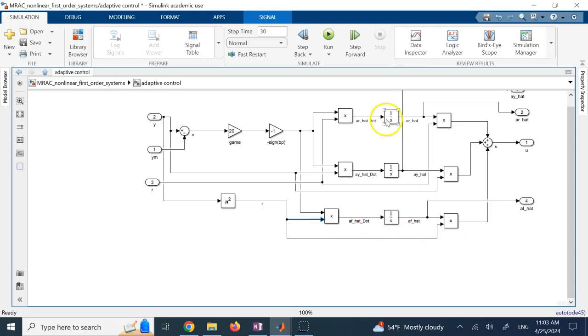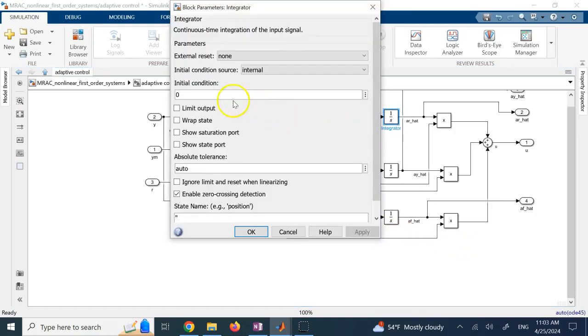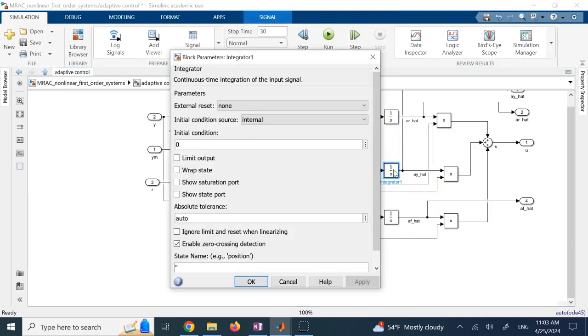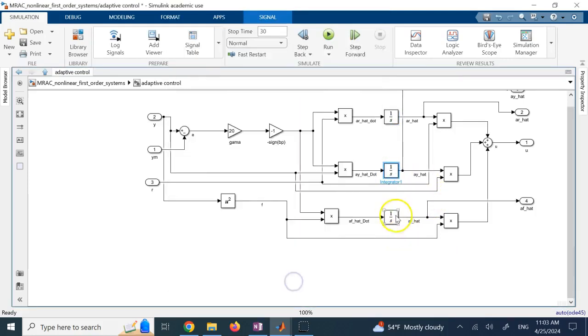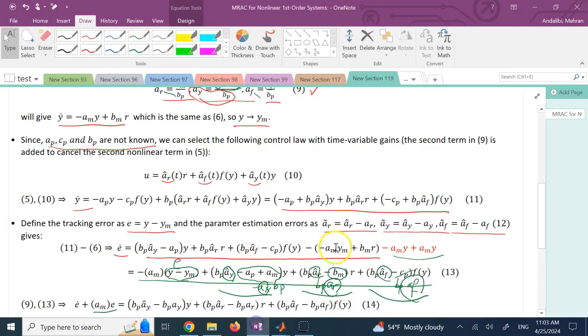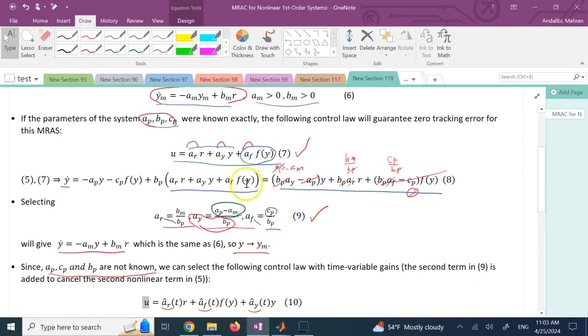And if you remember last time, the initial condition that I picked for these hats, you see, they are all starting at 0. So I have no idea what they are. Ideally, the values that they should be are what? If we go back and look at these formulas, let's take a look back. So what parameters do we have?